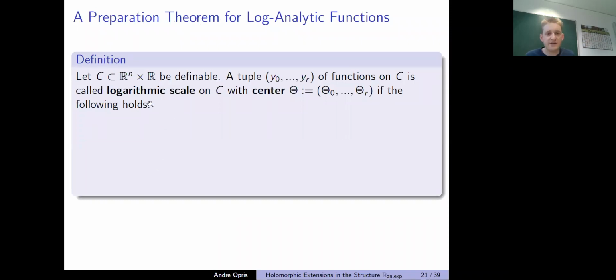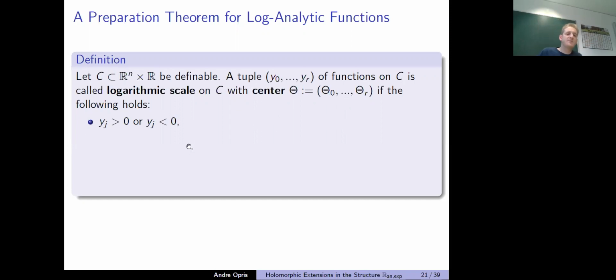So here we have a definable function, so we need a definable set. We need the following technical tool, which is called logarithmic scale on C, with such a center theta, to describe the iterations of the logarithm. And we call such a tuple a logarithmic scale if the following holds.